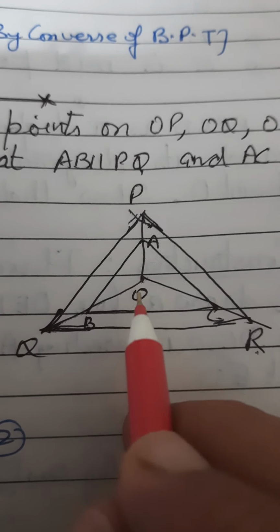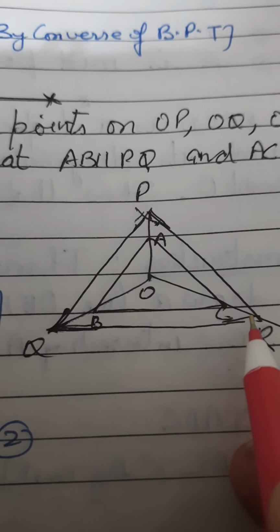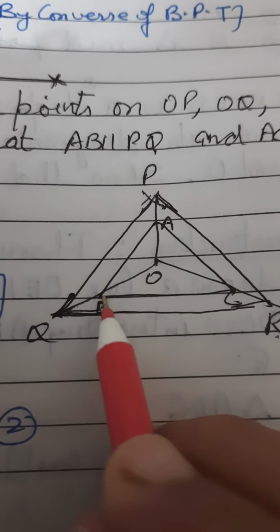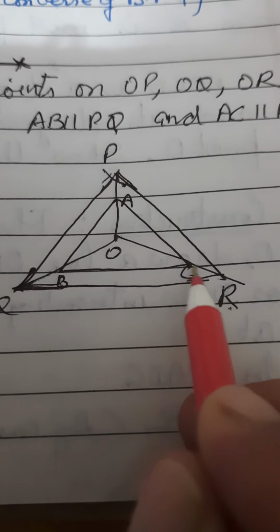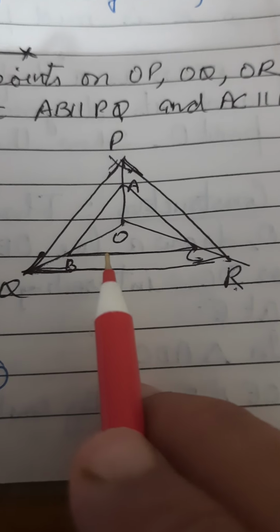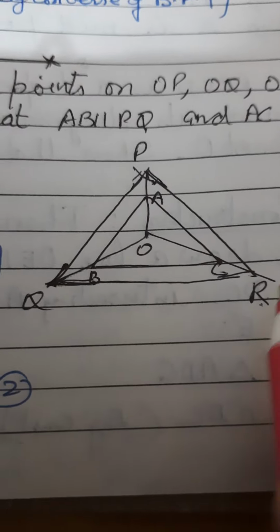From here we will get OB upon BQ is equal to OC upon CR. Then we will take this triangle. In this triangle OB upon BQ is equal to OC upon CR. Then by the converse of BPT, we can see that BC is parallel to QR.